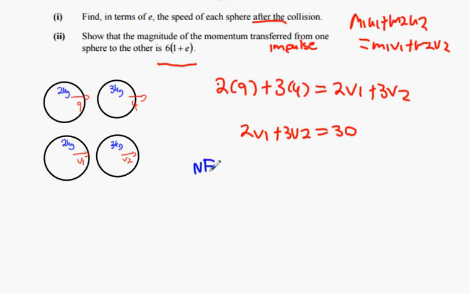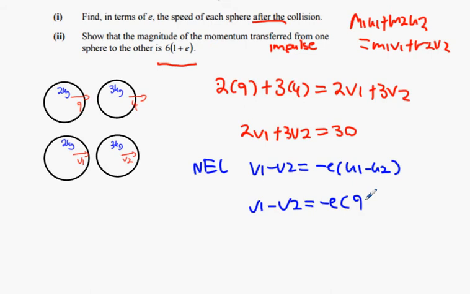NEL. V1 minus V2 equals minus E bracket U1 minus U2. So V1 minus V2 equals minus E bracket 9 minus 4. V1 minus V2 equals minus 5E. I need the speed of each sphere, so I'm going to do them both.